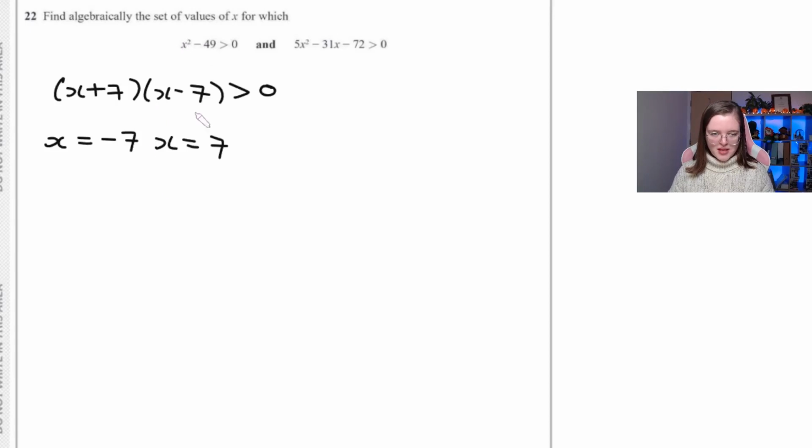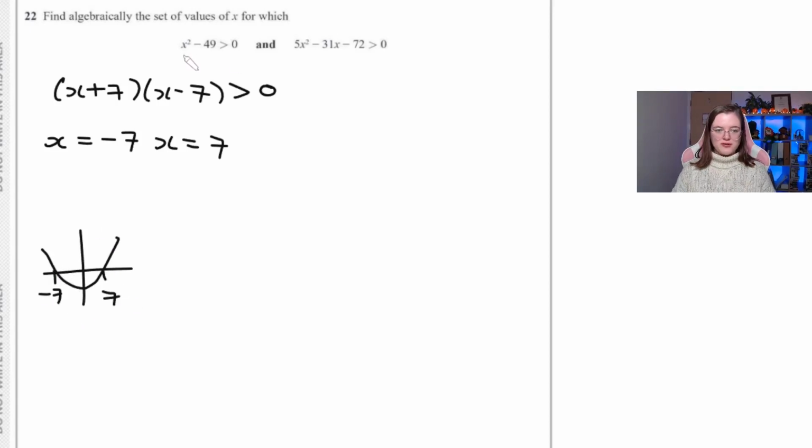And there we are. And then to figure out the inequality, whether it's x is less than minus 7 and x is greater than 7, or x is between minus 7 and 7, to figure out which one it is, we use the little graph sketch. If I draw out my little sketch of a graph like that, that's minus 7 and that's 7.